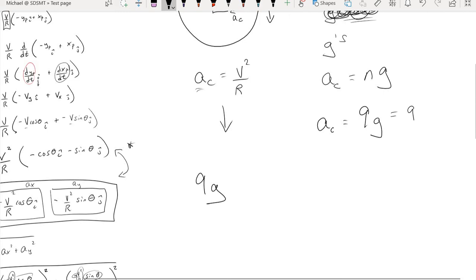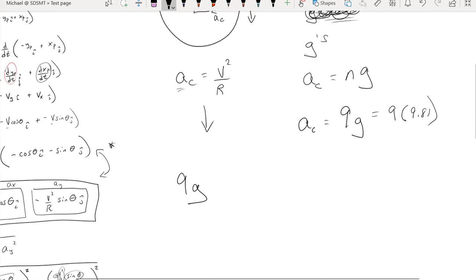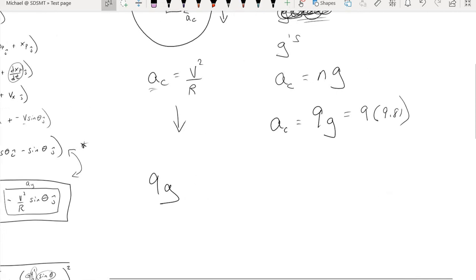So 9 G's is going to be 9 times the value of gravity. So we're getting really close to about 100, just a little bit shy. This is going to be about 88.3 meters per second squared.